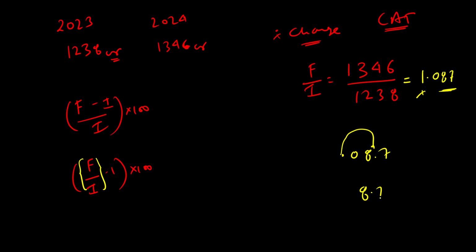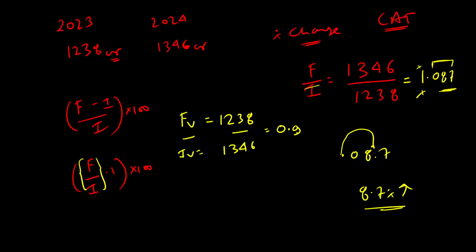If I reverse this, first you observe, copy this down if you need to. Let us say in another example, the final value is 1238 and the initial value is 1346. Go on, divide both, tell me the answer. 0.9197.